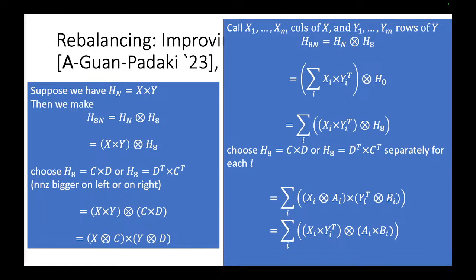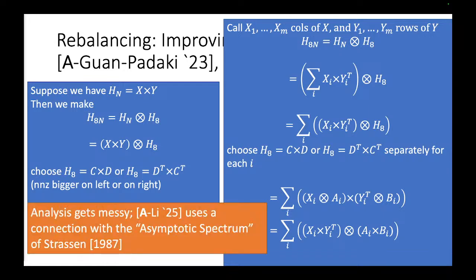A cool observation that we made in this recent work with my student Baitian Li, basically Baitian made this observation, is that there's this theory of the asymptotic spectrum that was actually developed by Strassen a long time ago. The goal of this theory was to take the ideas behind matrix multiplication algorithms and show that you can generalize them to other situations with recursive structure.